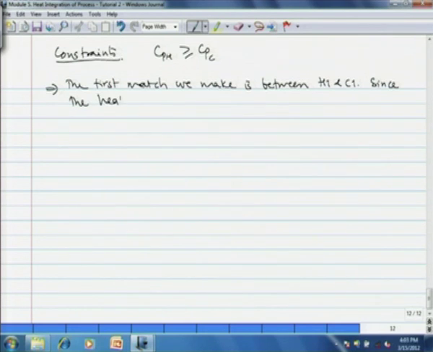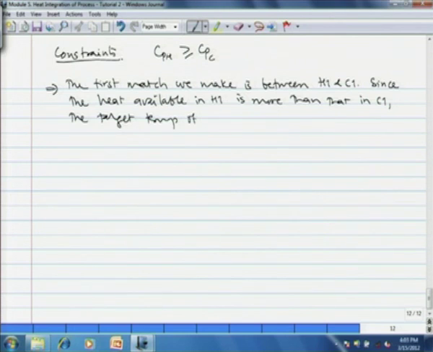Since the heat available in H1 is more than that in C1, the target temperature of H1 is not met, but C1 is ticked off as its heat duty is satisfied.